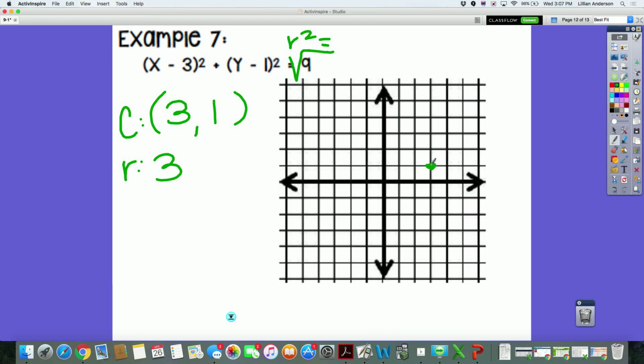And then the easiest way to graph a circle is to go up the radius, down the radius, left the radius, and right the radius. So up 3, down 3, right 3, and left 3. From there, you do your best to make a circle. It shouldn't be a square, a diamond, or a parallelogram.